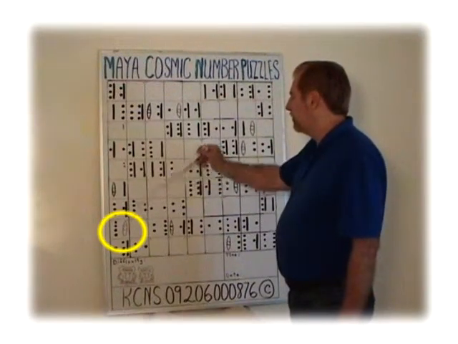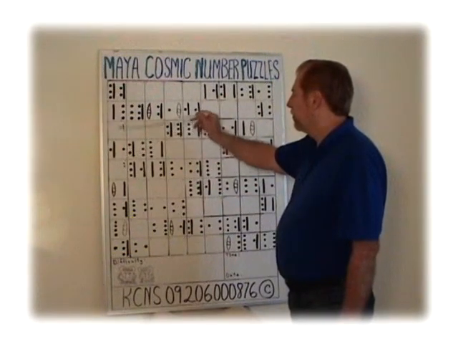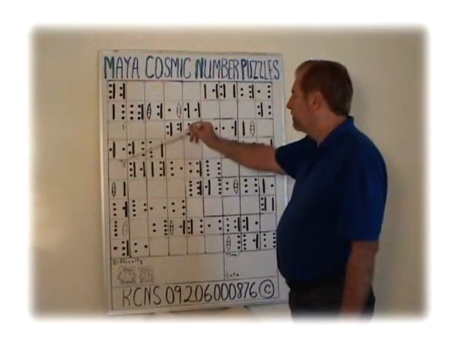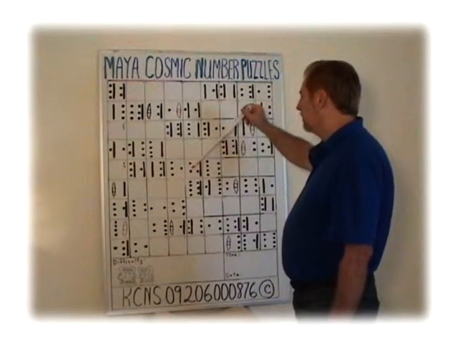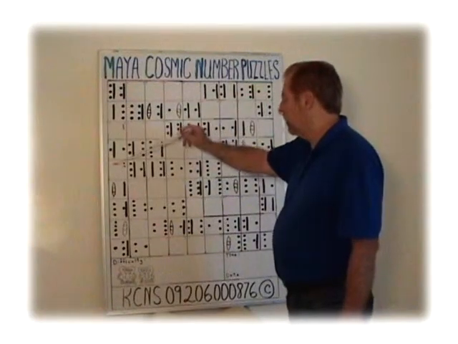If the 4 goes here, that means a 7 or a 2 can go in either of these positions. Since we have the 2 already here, that means only the 7 can go here.